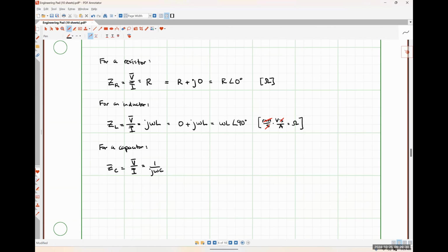So we get the exact opposite filter response when we use a capacitor versus an inductor. It tends to pass low frequency signals and reject high frequency signals.